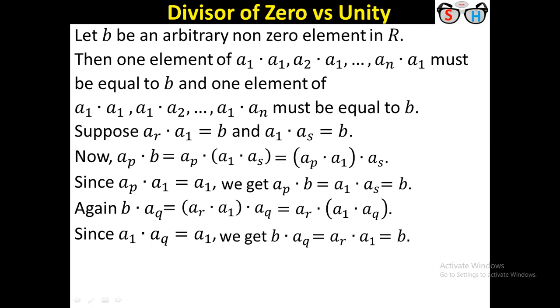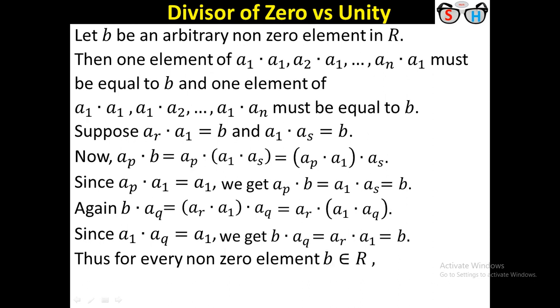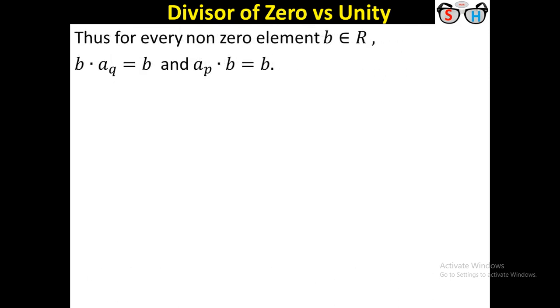So we get, for every non-zero element B in R, B·AQ equal to B and FE·B equal to B. Here FE plays the role of left identity and AQ plays the role of right identity. Now we have to show that FE and AQ are equal, because when an identity exists, the left identity and right identity are equal. Since this relation holds for all non-zero elements B, in particular AP is a non-zero element.